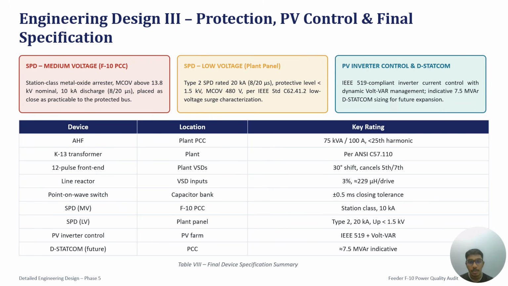At the low voltage plant panel, we specify a Type 2 SPD rated at 20 kiloampere with a protective level under 1.5 kV per standard C62.41.2. At the PV farm, we specify the IEEE 519 compliant inverter current control with dynamic VAR management and an indicative 7.4 megawatt STATCOM sizing for future expansion.